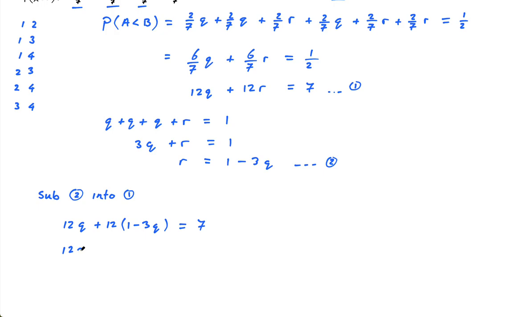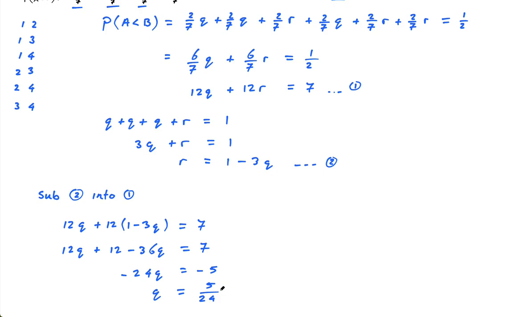I can say 12q plus 12 times 1 is 12, minus 36q equals 7. 12q minus 36q is minus 24q equals 7 minus 12 is negative 5. q is equal to 5 over 24.